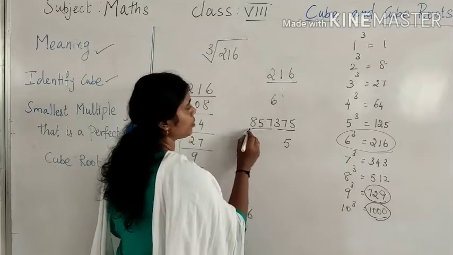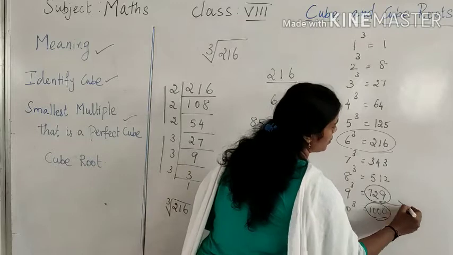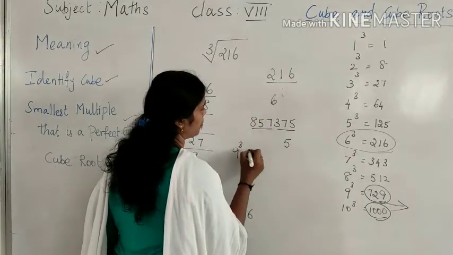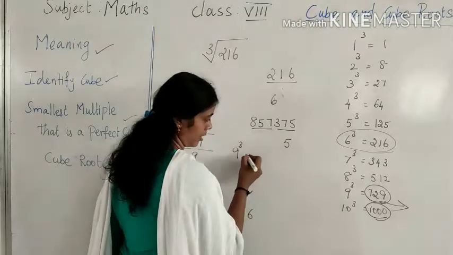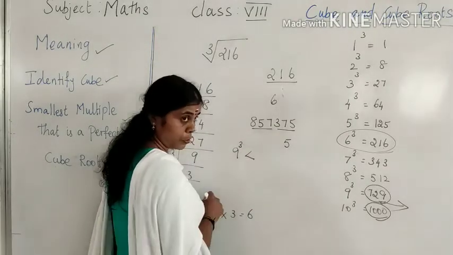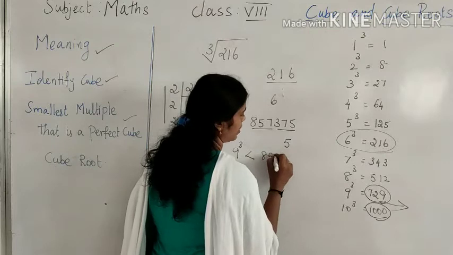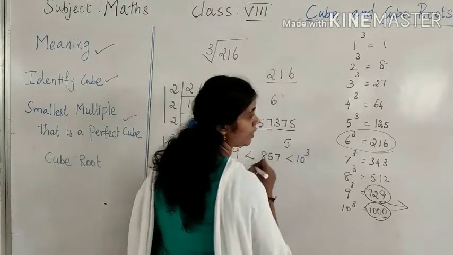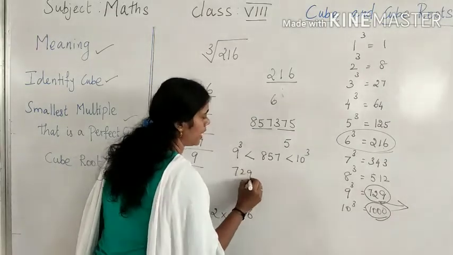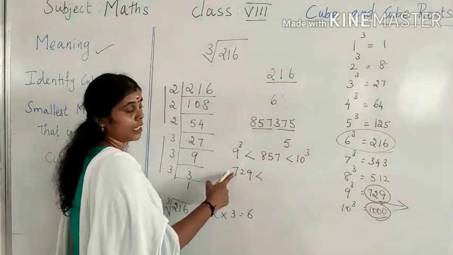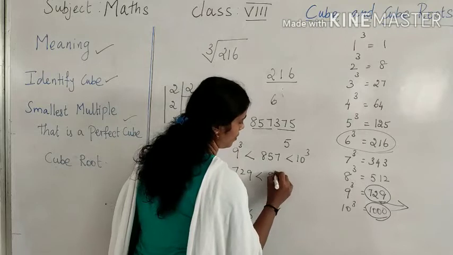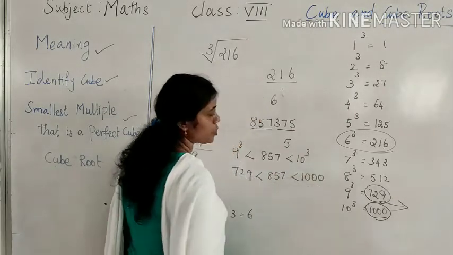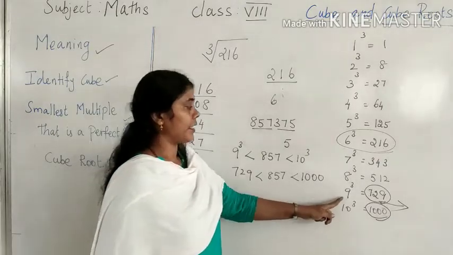So 857 is lying between these two numbers, greater than 9 cube and less than 10 cube. It is greater than 729 but less than 1000.